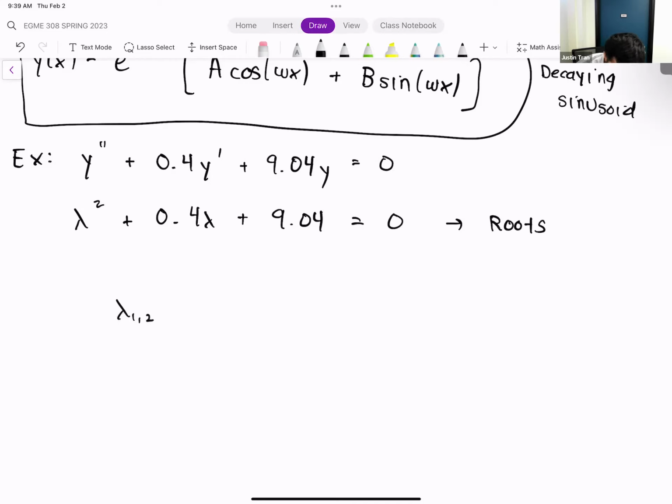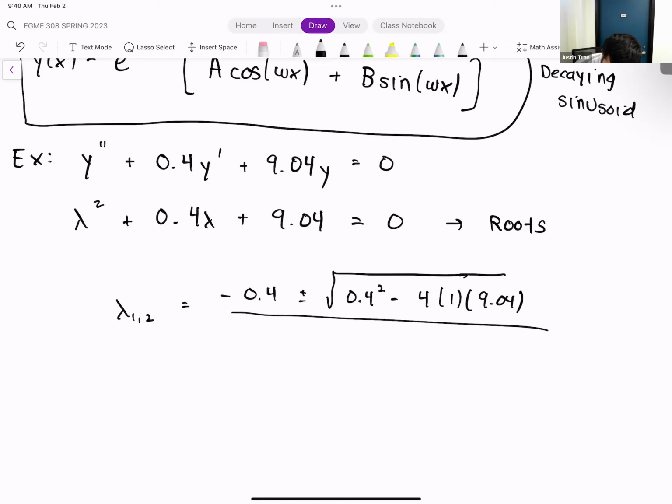So let's find the roots. Lambda 1, 2 equals minus b, which is minus 0.4, plus or minus the square root of b squared minus 4 times a times c, all divided by 2a, so all divided by 2 times 1. Let's go ahead and simplify this.